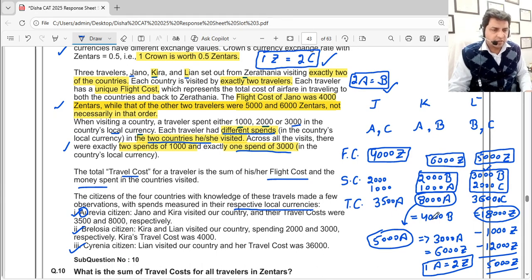We know that this is 18,000 Z. The first question is, what is the sum of travel costs for all the travelers in Zentars? For L, we know it is 18,000. Now for J, it is 3500 A. Now 1 A is going to be twice of Z. That means this is 7,000 Z. And this is in total 8,000 A. Double that, also 16,000.